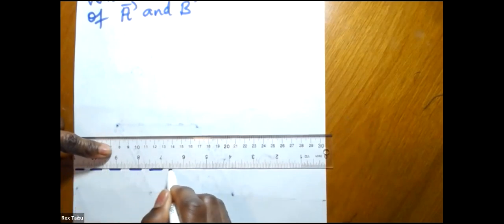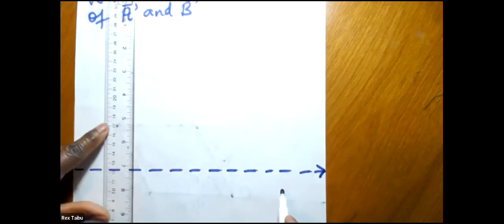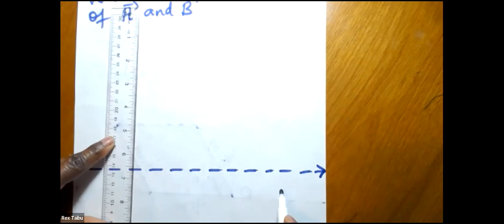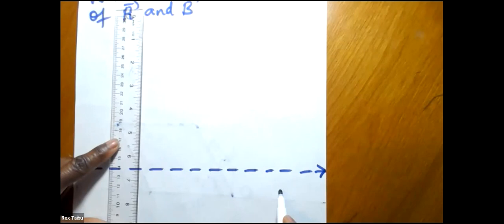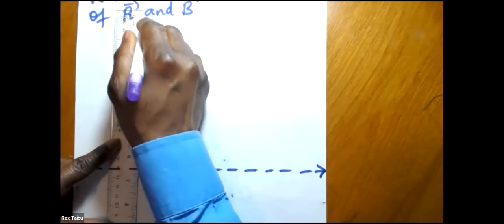So this is my x-axis, and my y-axis, I draw it this way, making sure that it is indeed perpendicular to the x-axis. So that's my y-axis.